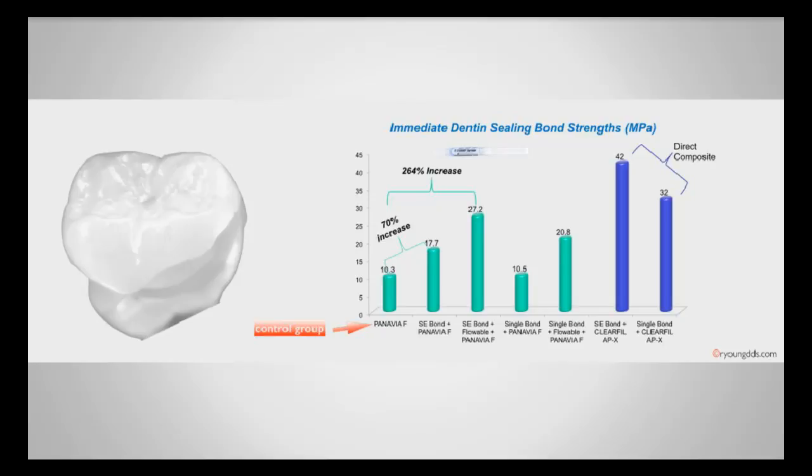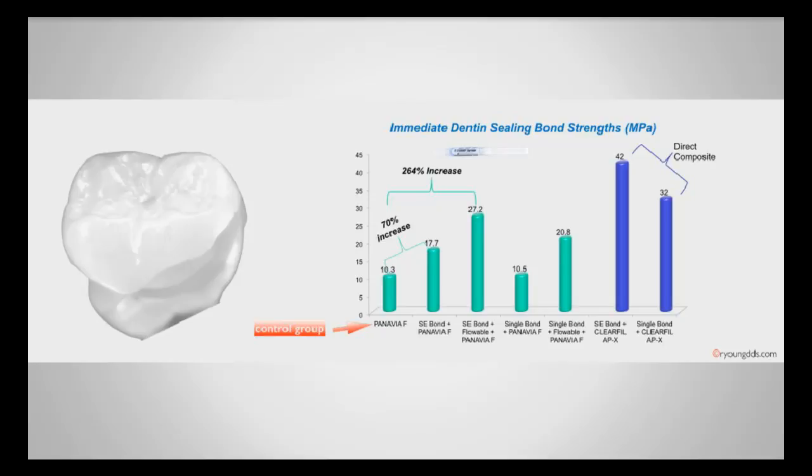That's a 264% increase from the 10.3 to the 27.2. Now, if you were using Single Bond with Panavia only, like the SE Bond, you had a bond strength of 10.5, about the same as the Panavia F control group. But if you did Single Bond and added that flowable layer, you went up to 20.8.